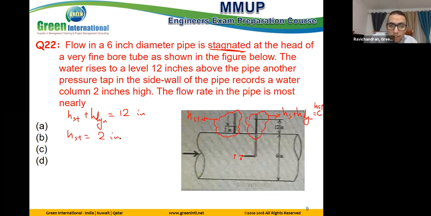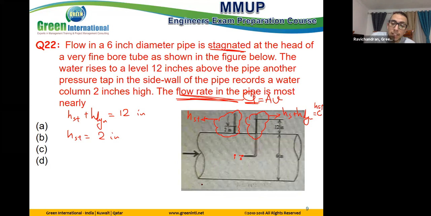Okay, what is required? The flow rate in the pipe, which means Q. The flow rate is most nearly, meaning we will find the answer near the correct answer. So the flow rate in the pipe is most nearly what? Q is equal to AV.